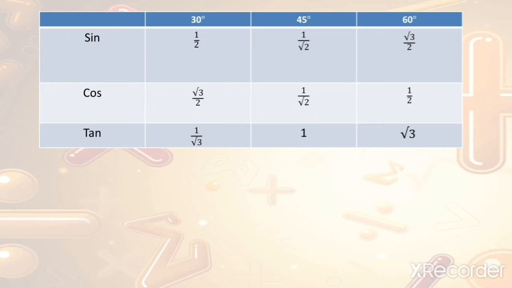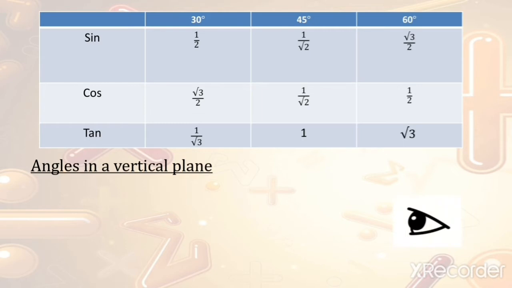Then why do we use these trigonometric relationships? To find some angles or sides like this in this lesson. Angles in a vertical plane were taught to you in grade 9 or might be in 10 and both. So let us see what are angles in a vertical plane.